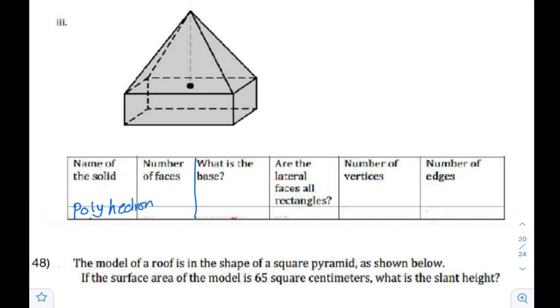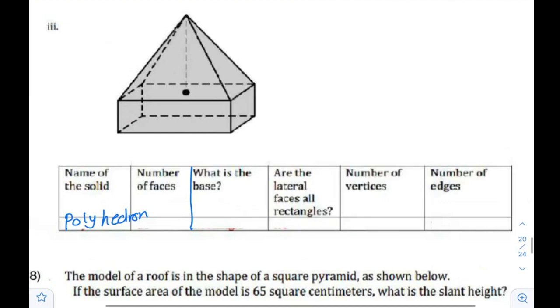And for this polyhedron, if you count the faces, this is a face, this is a face, they are all faces, and this is a face. We have a total number of faces of 10. 1, 2, 3, 4: we have the base and the upper one, these 2, and we have 4 rectangles here, so 6, and 4 triangles, so it is 10.